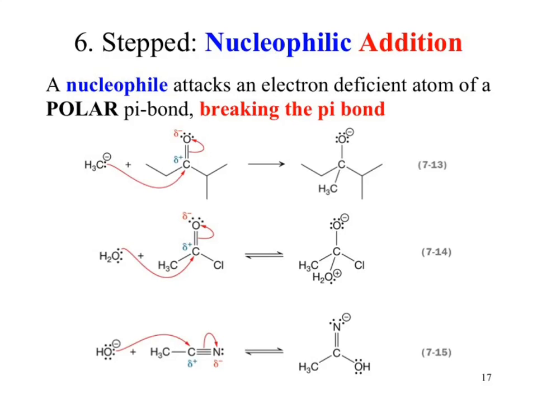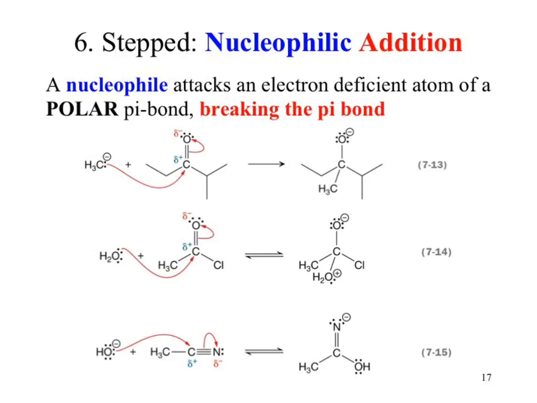Why might it require a polar pi bond? It has to do with our electron source. Right? In the electrophilic addition, our pi bond acted as the electron source. Right? In the nucleophilic addition, what does our pi bond act as? The electrophile.